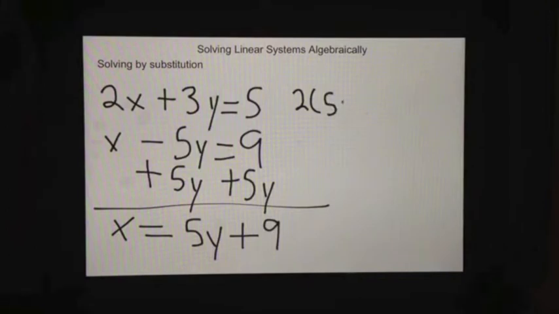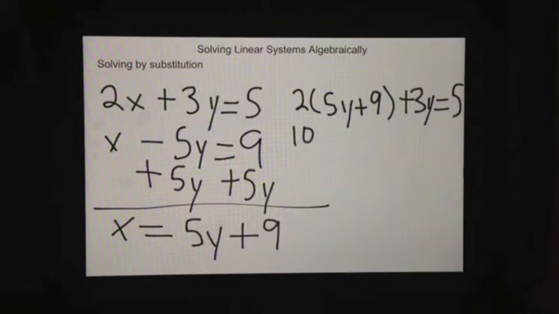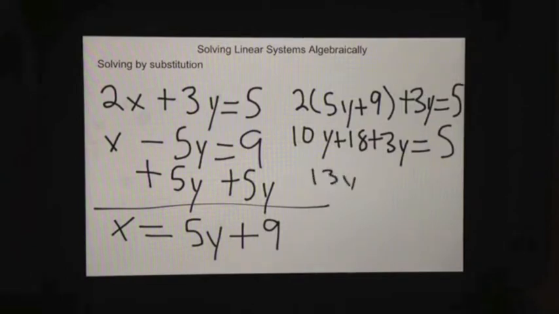So you have 2(5y + 9) + 3y = 5. Now I want to distribute your 2, so you get 10y plus 18 plus 3y equals 5. Since you have a 10y and a 3y, you can combine like terms, giving you 13y plus 18 equals 5.